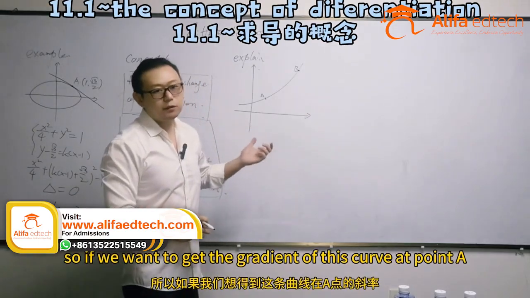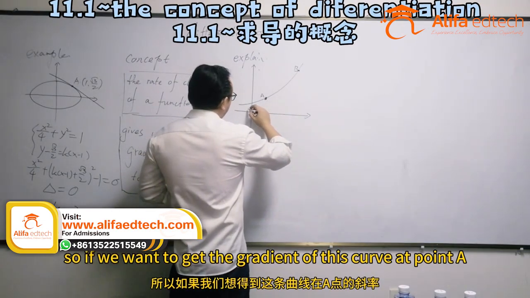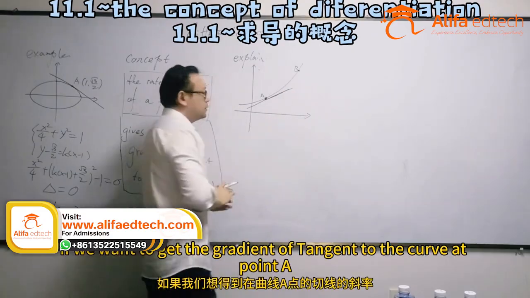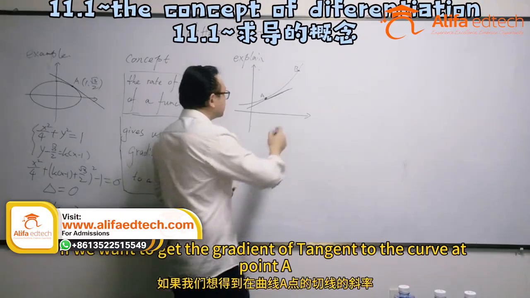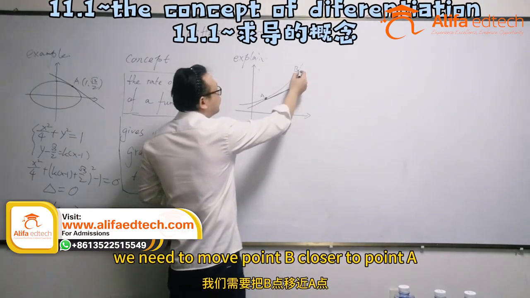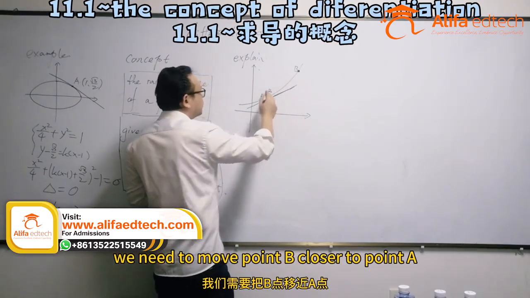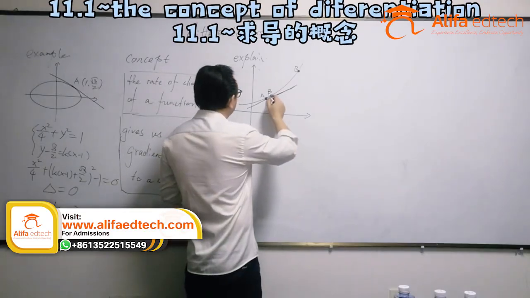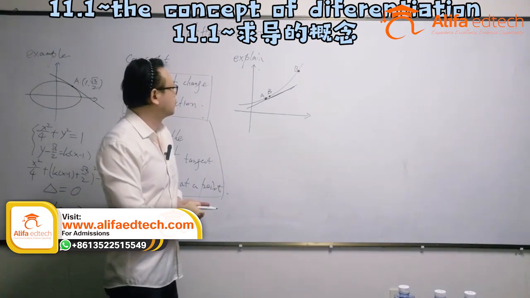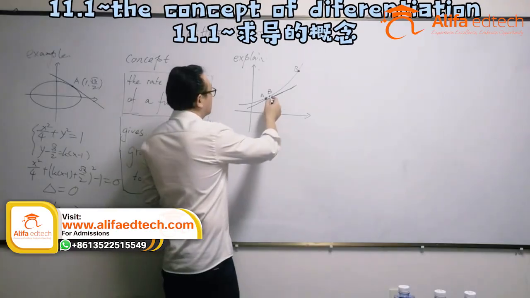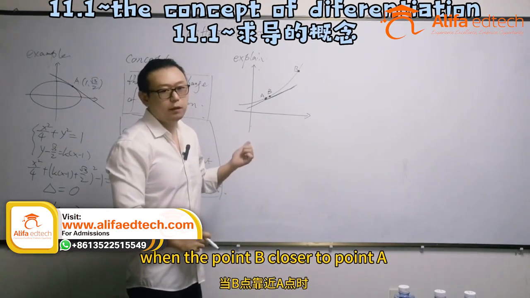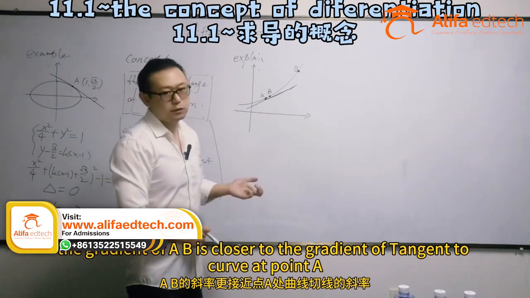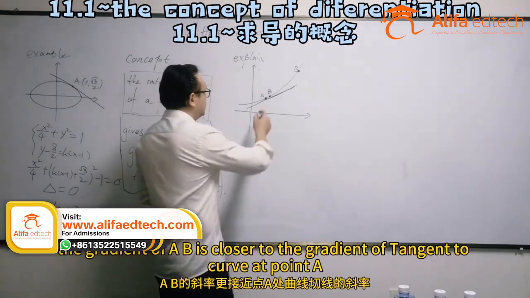If we want to get the gradient of the tangent to the curve at point A, we need to move point B closer to point A. When point B gets closer to point A, the gradient of AB gets closer to the gradient of the tangent to the curve at point A.